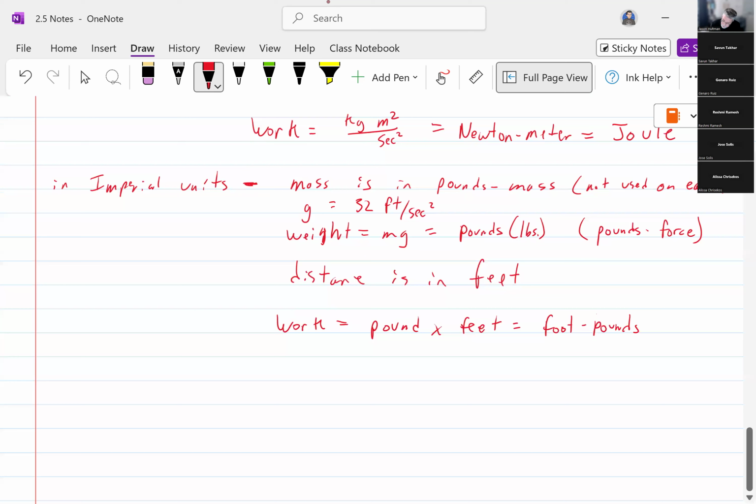And what's interesting is that 1 foot pound is approximately 1.36 joules.